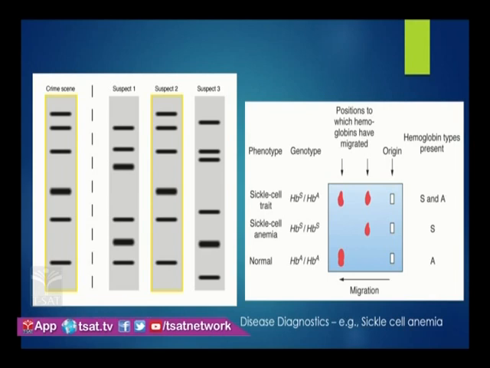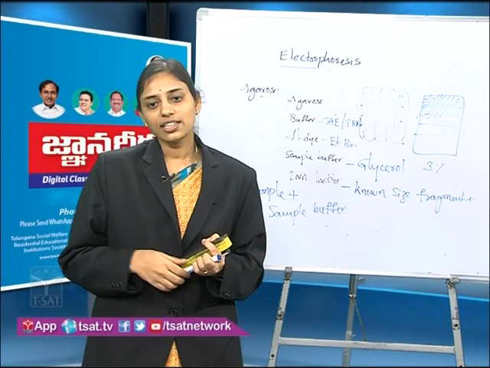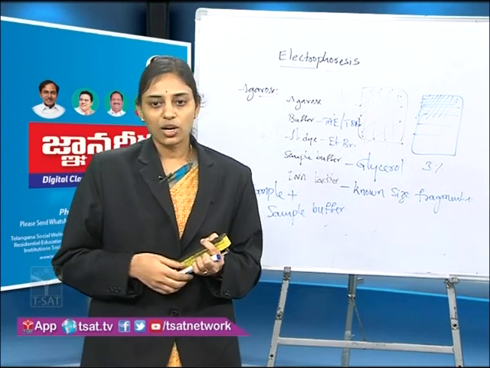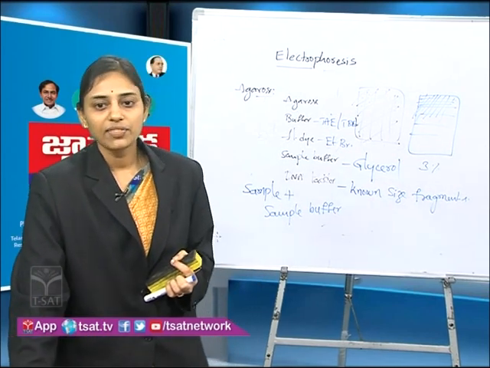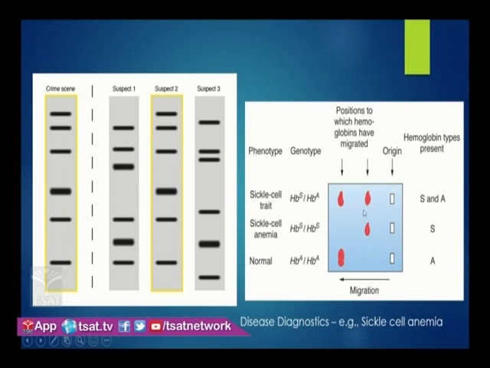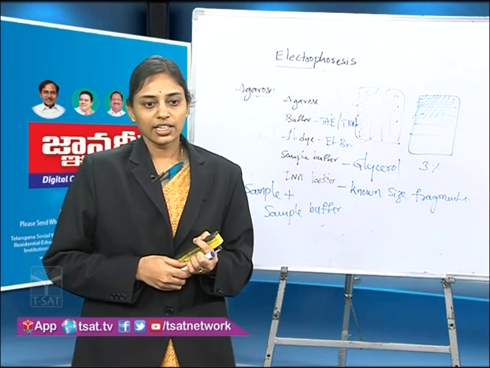So, once we isolate the hemoglobin protein and run it on the gel, we could see differential migration for the abnormal protein and normal protein. In this way, we could also identify the carrier proteins. Here, this first well has the carrier protein, and this one is sickle cell protein, and this one is a normal hemoglobin protein.